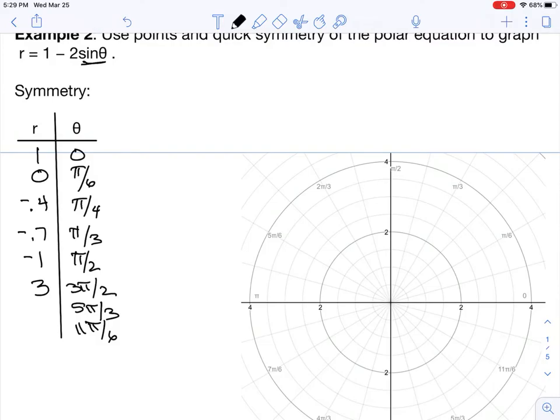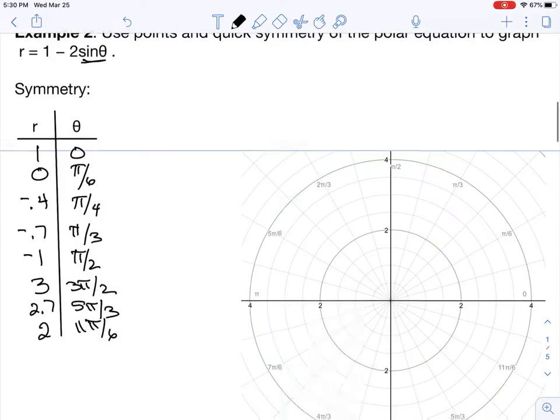Going to give us 2.7, and then 11 pi over 6 is going to give us 2. All right, because that'll be 1 plus 1. All right, let's see how that's going to look.